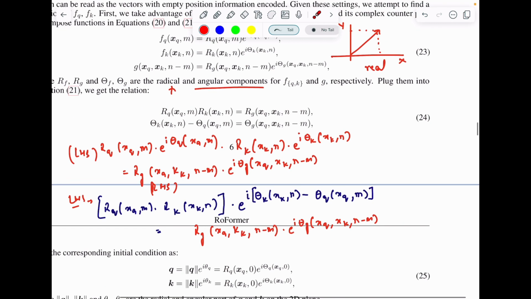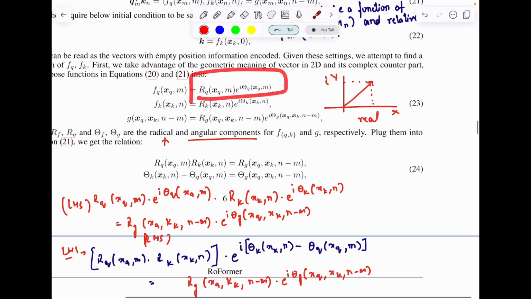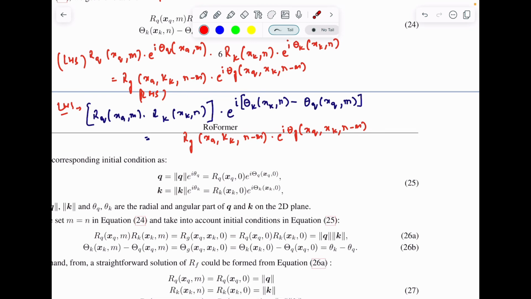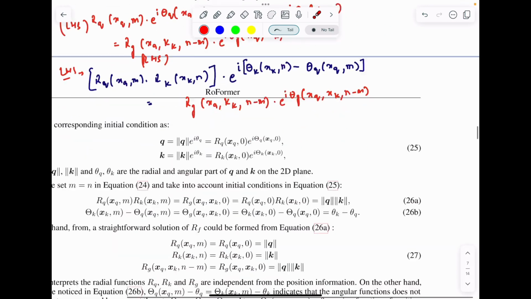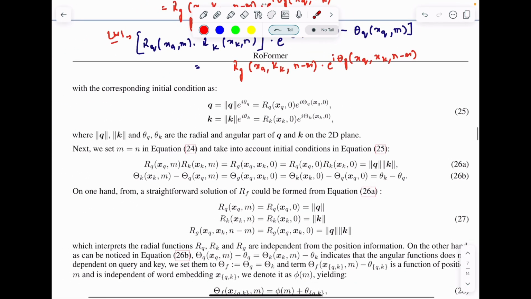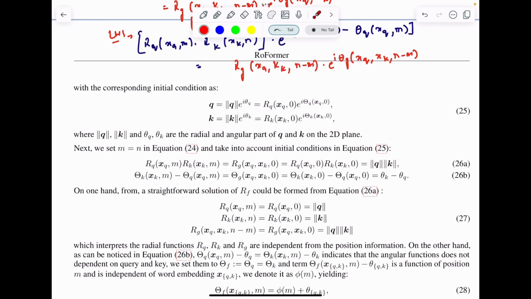This is again similar to what we did here in the Euler's formulation, which again will be equal to RQ XQ at 0th position and this particular value based on this particular assumption that we made, right? Okay. So now when we equate these, where these are the radial and angular parts of Q and K on the 2D plane, that's what I explained just now. Okay. Now we have this set of equations. Now let's try to solve them.